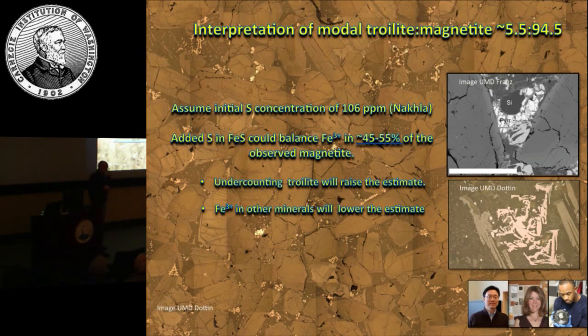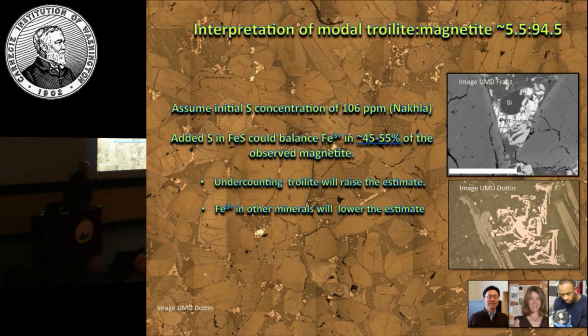As a first order correction, we just assume the initial concentration in these melts is probably similar to one that does not have a lot of magnetite, which was about 106 ppm. And that still leaves behind significant excess in troilite in the MIL meteorites because they're sulfur rich.